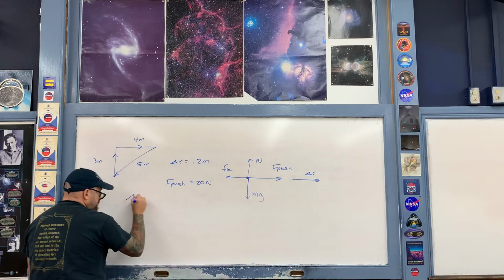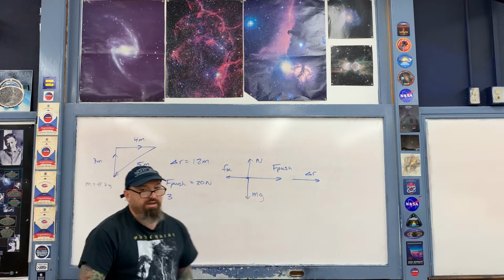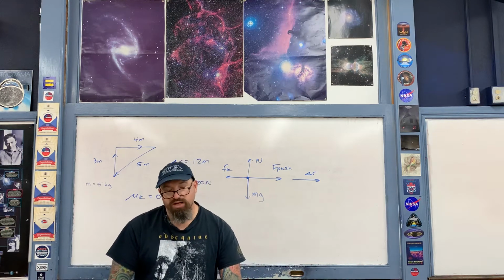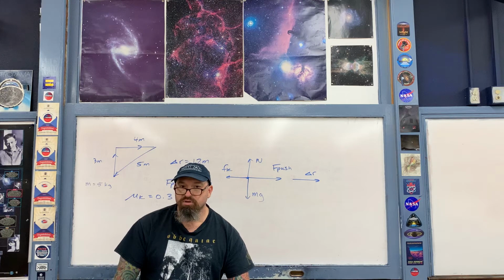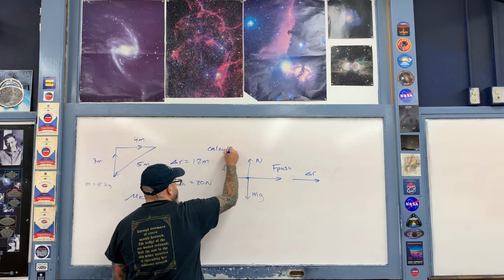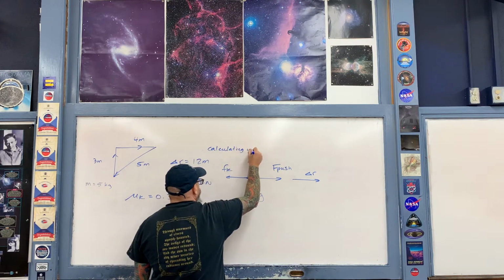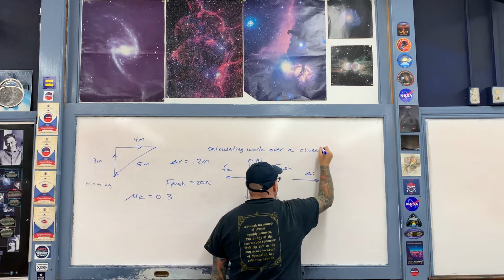And then we're also given the coefficient of kinetic friction between the chair and the surface below is 0.3. Once again, let's emphasize that what we're doing is calculating the work done by the manual pushing force and the force of kinetic friction over a closed path.